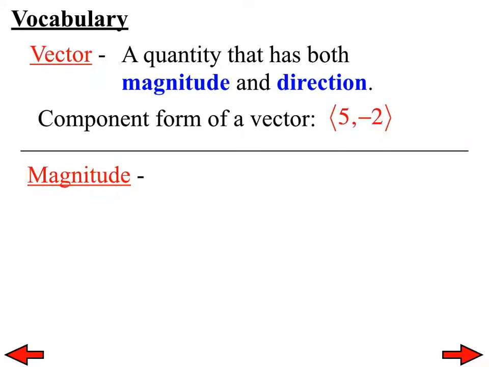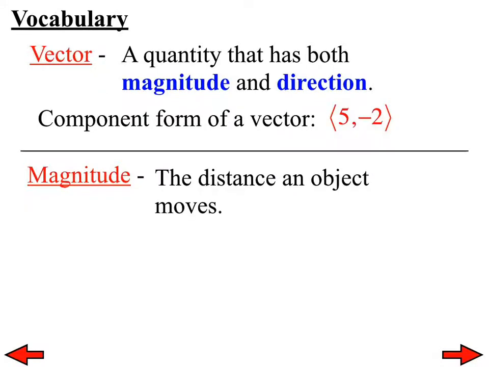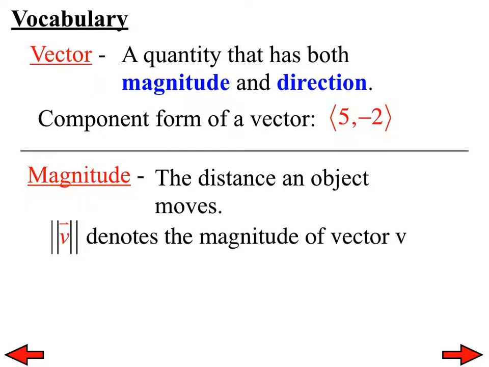By magnitude, we are talking about the distance an object moves. Now, we have dealt with distance before, and we will bring that back in today. It's just that when we're dealing with vectors, we refer to it as magnitude instead of distance. But that's what we're really meaning by this, the distance an object moves.